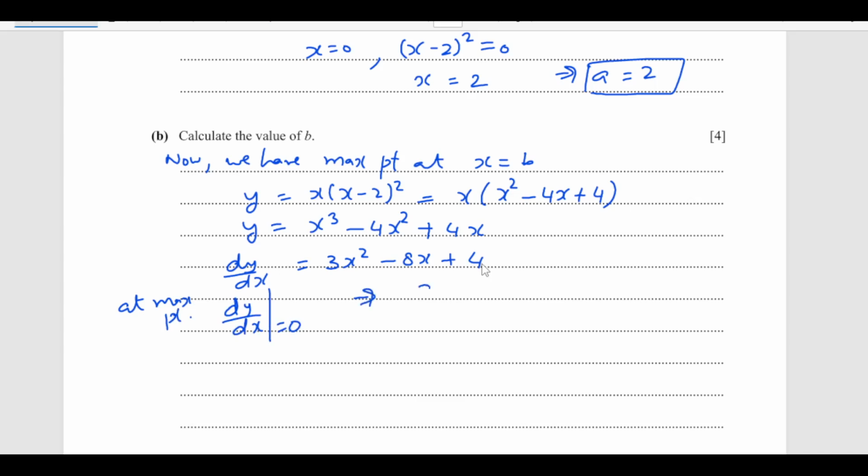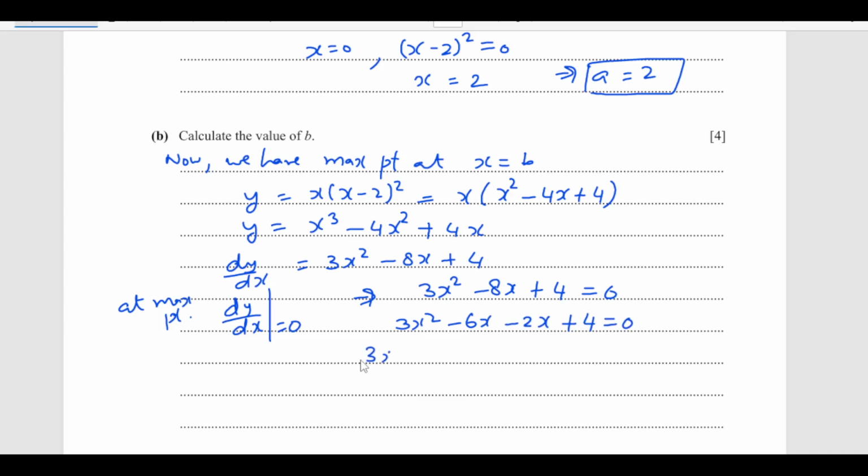So, that means 3x squared minus 8x plus 4 is equal to 0, right. Now we can make the factors: 3x squared minus 6x and minus 2x plus 4 is equal to 0.